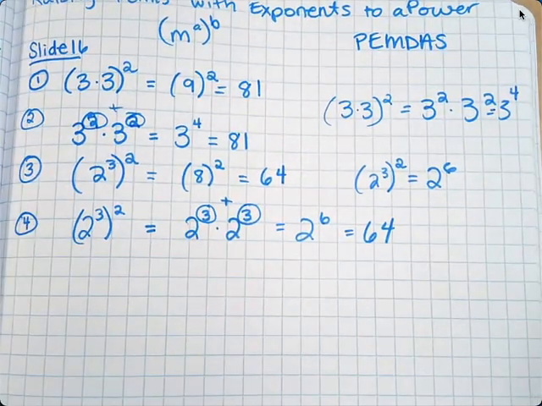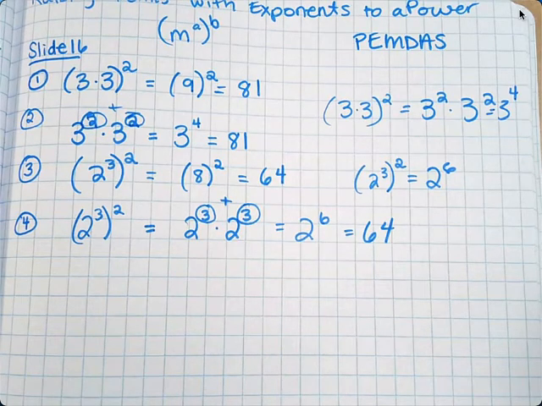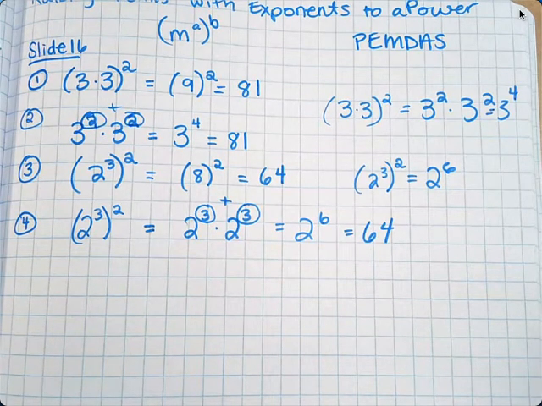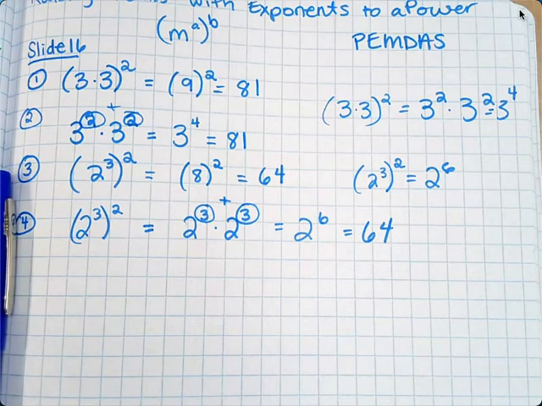Do you see any kind of shortcut that we could do, especially if there's a variable inside and we can't actually do the 3rd power? What do you see that could be the rule?